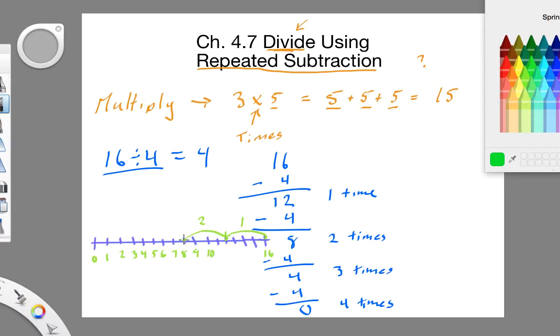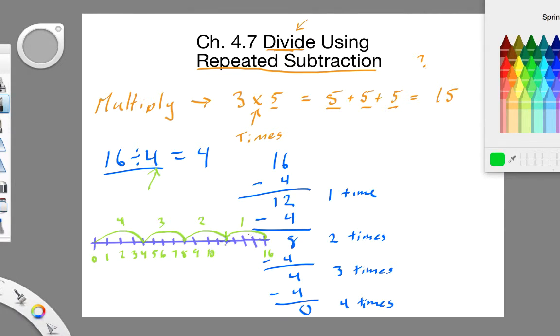And we're going to jump back another 4, and that would be a third time, and we're going to jump back all the way to 0, which is 4 more, and that's a 4th time. So using a number line, starting at 16, we could jump by 4s. We would see that we would jump 4 times, or there'd be 4 groups of 4. And so 16 divided by 4 is equal to 4.